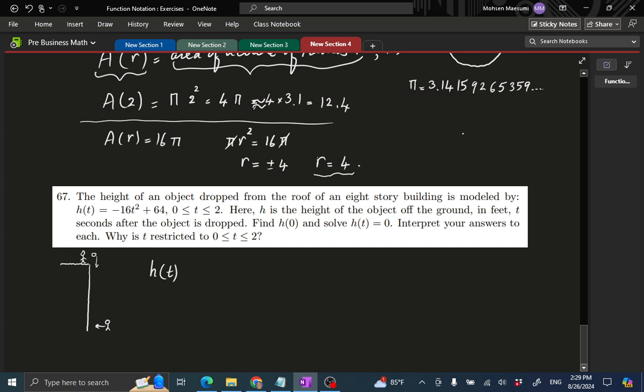So h is the name of the function, t is time. h is the height of the object off the ground in feet, and time t is in seconds. That's given by this particular formula, h(t) = -16t² + 64. A friendly equation with friendly numbers, but it's kind of close to reality.